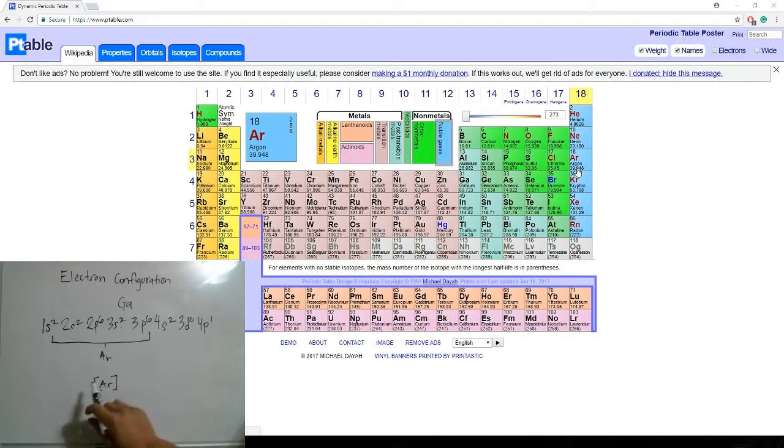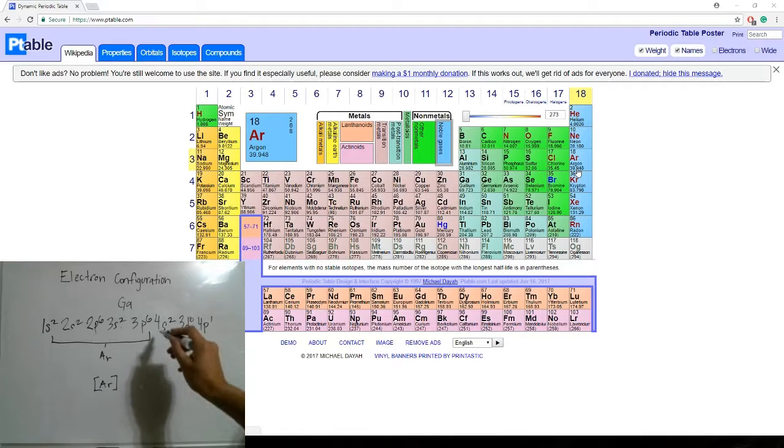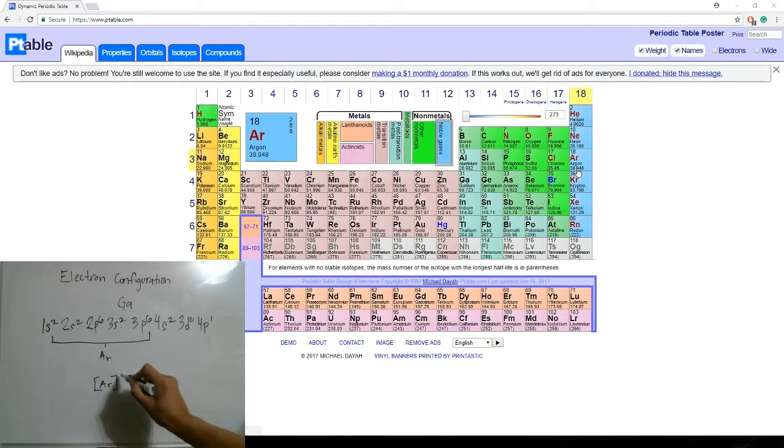Just like that, with the brackets. And then we continue on the electron configuration. And this is another way of writing the electron configuration for gallium.